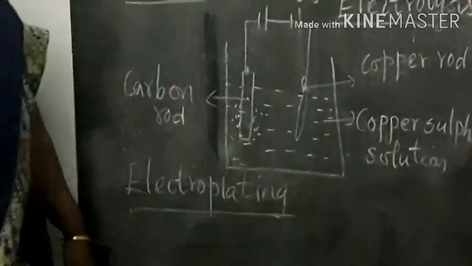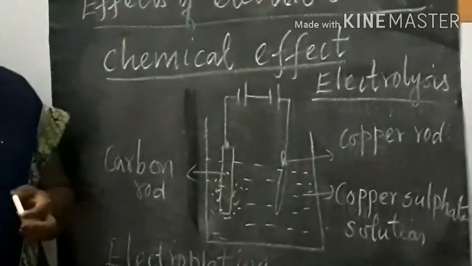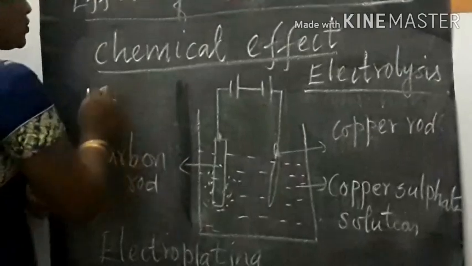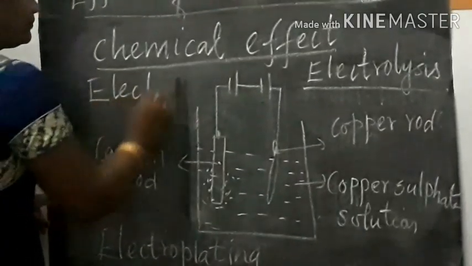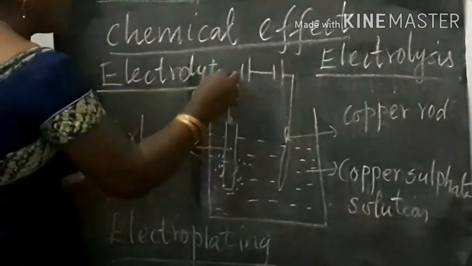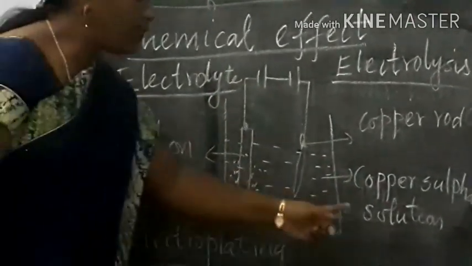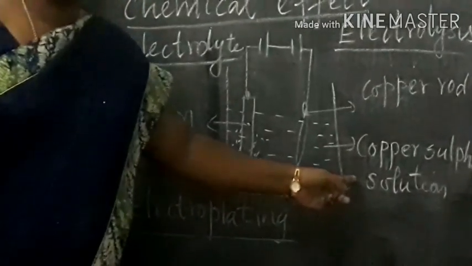So what is electrolysis? Electrolysis is the process of current flowing through a solution, and the solution is called the electrolyte. Here the copper sulfate solution is the electrolyte.